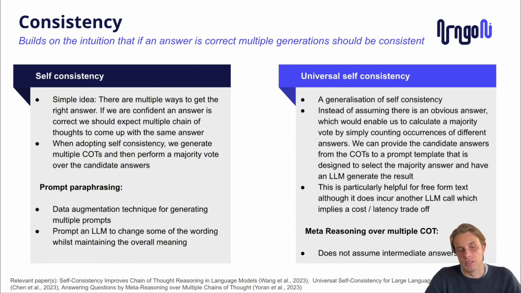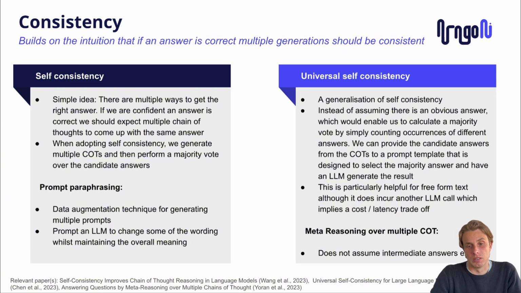Now, universal self-consistency is just a generalization of self-consistency. You can imagine the majority vote mechanism is quite attractive, but it can be challenging because you have to determine how to tell whether two answers are the same. Especially with free-form text generation, this becomes quite difficult.